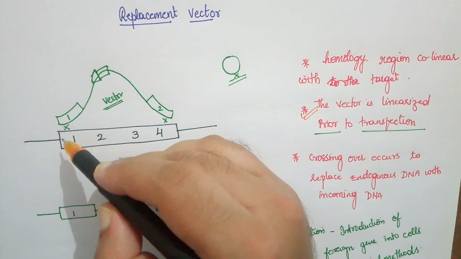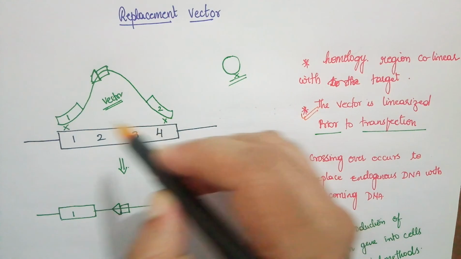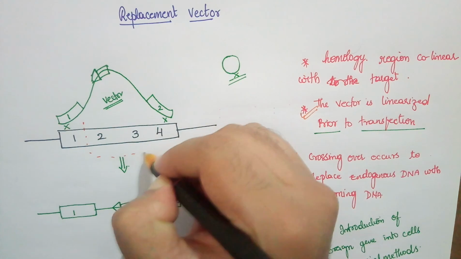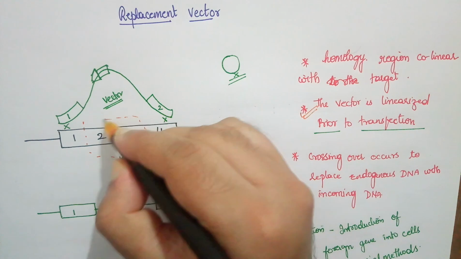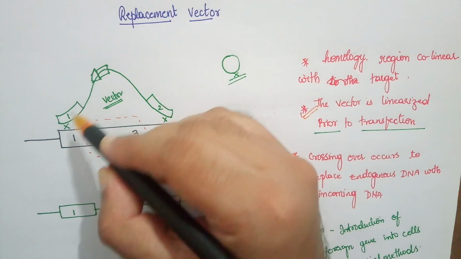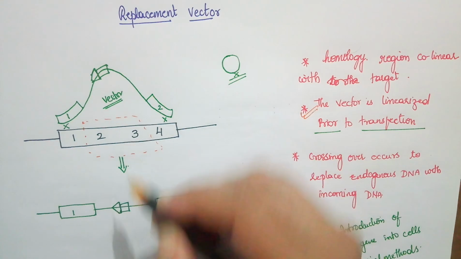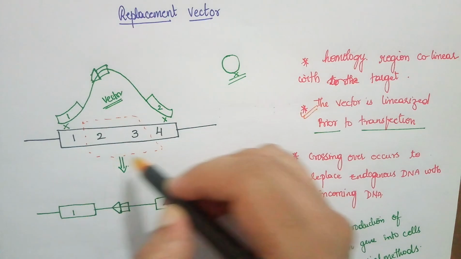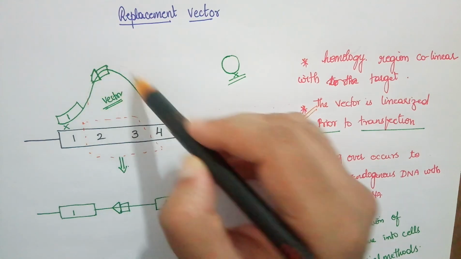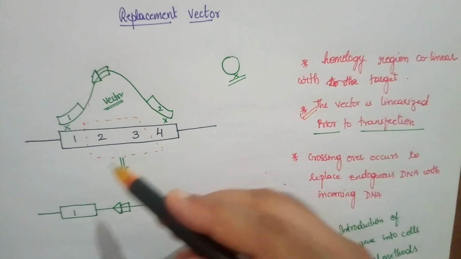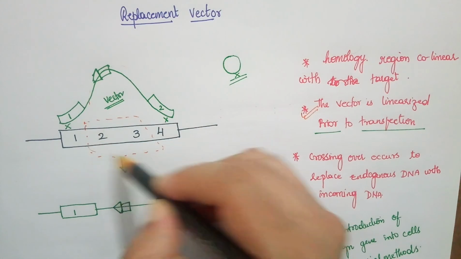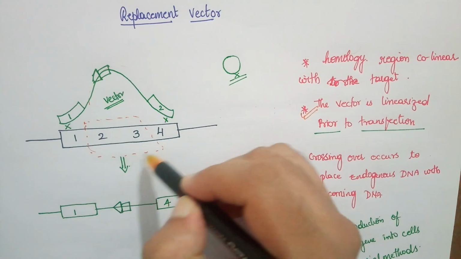When crossing over is taking place, this portion is lost, and this portion of the vector is integrated here. That is the reason the name is replacement vector, meaning it has replaced this portion. This portion is completely lost.